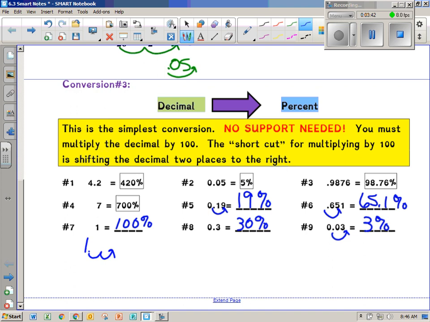I would also say that sometimes people think problems like 1 and 4 where you have over 100%, that they don't make sense, but actually they do. Think about, for example, going to the movies and getting concession food. There's a markup on the concession food.